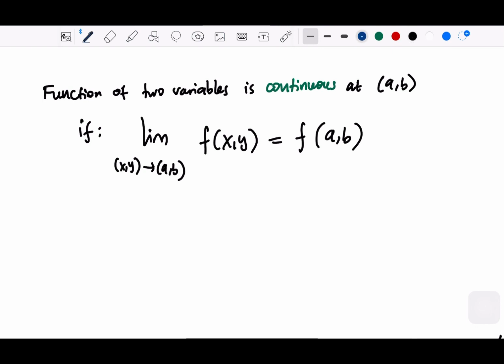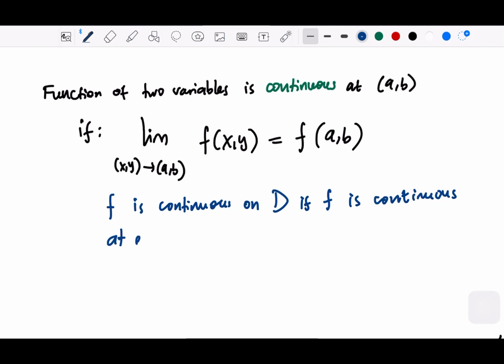So we say that f is continuous on domain D if f is continuous at every point in the domain.